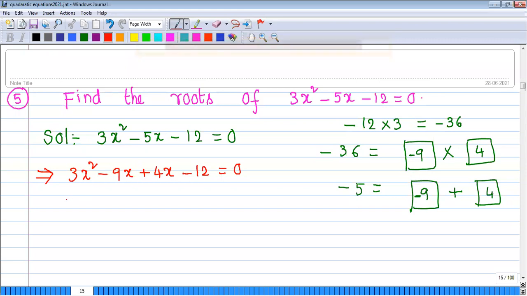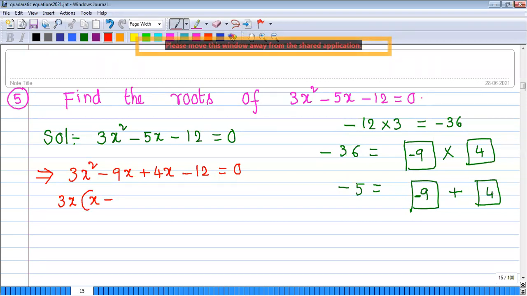From the first two terms, let us take 3x common. 3x into x, 3x square, minus 3x into 3, minus 9x. From 4x minus 12, take 4 common, plus 4 common. x minus 3 equals to 0. Again take x minus 3 common. We have 3x plus 4 equals to 0.